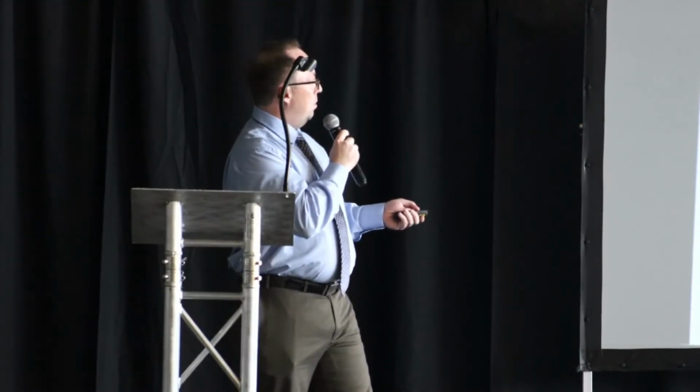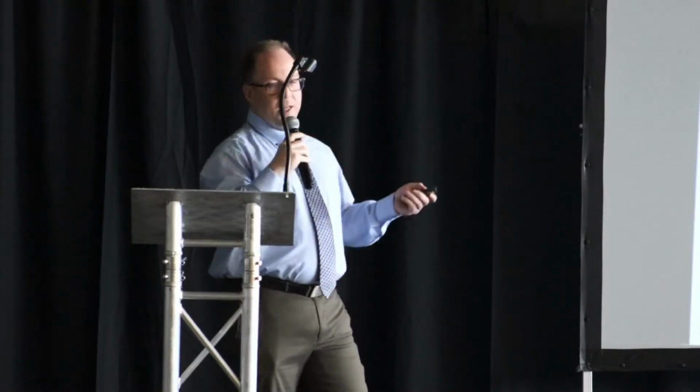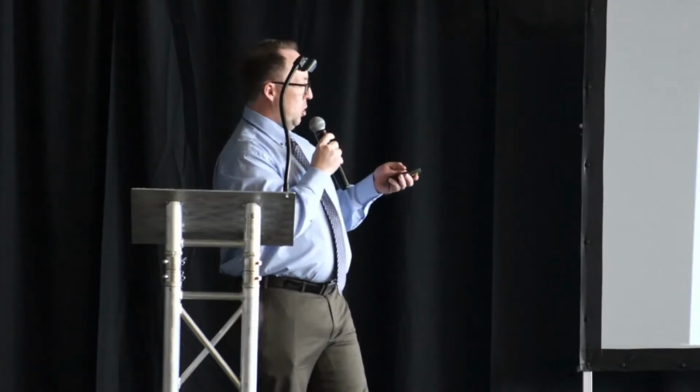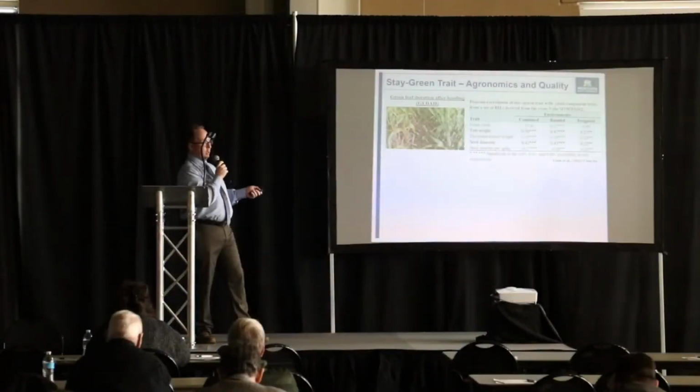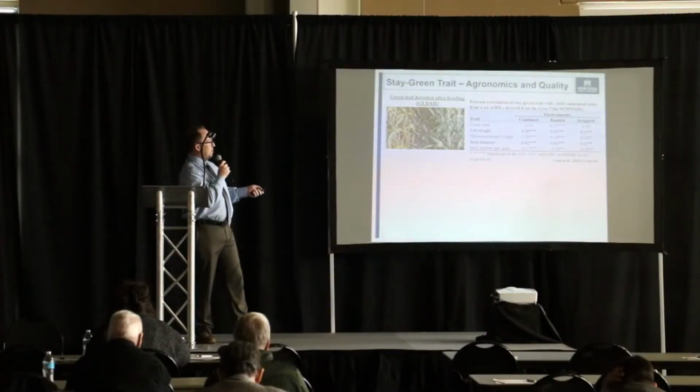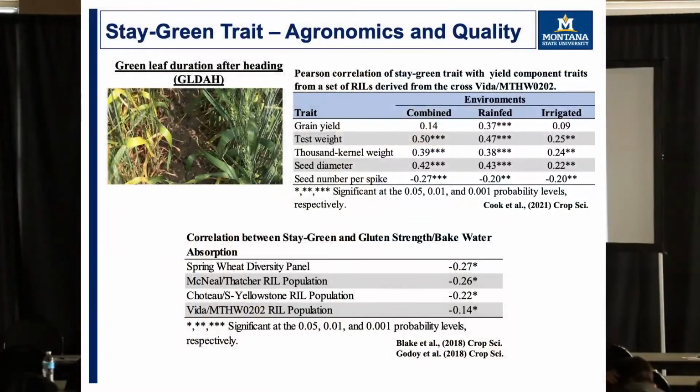So with those efforts and additional studies, this is showing the relationship of the stay-green trait to yield under rain-fed environments. You can see there's a strong relationship between stay-green and increased yield. This trait also increases test weight, 1,000 kernel weight, and seed diameter, especially in rain-fed environments, and it has some impact in irrigated environments as well.